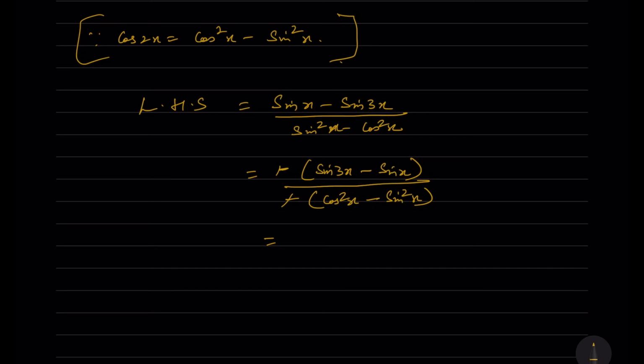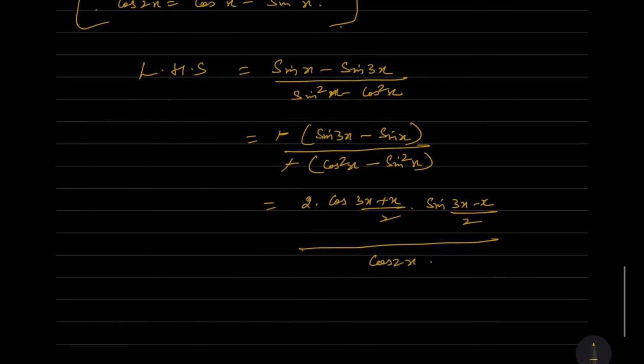So you're going to get it as 2 into cos((3x+x)/2) into sin((3x−x)/2), divided by cos²x minus sin²x, which is nothing but cos 2x. We have already seen this.